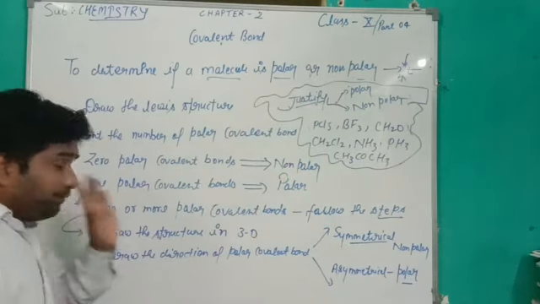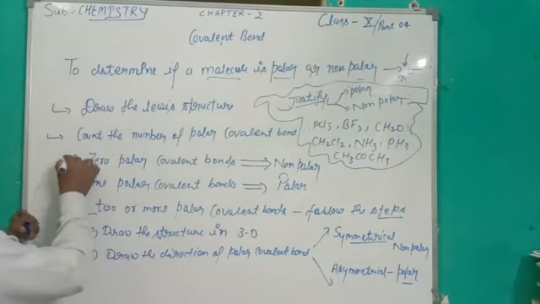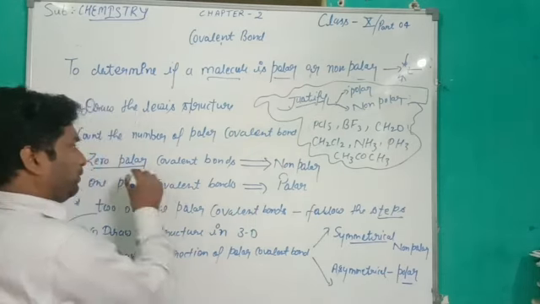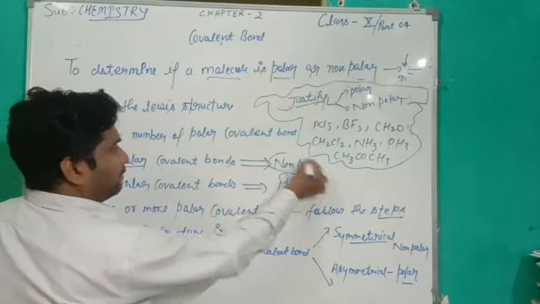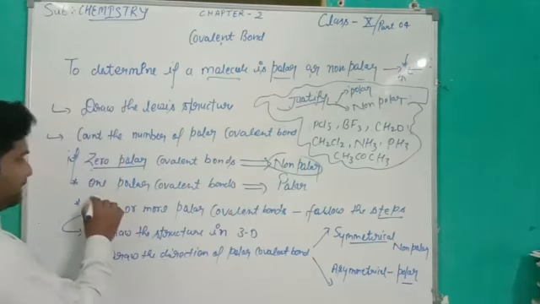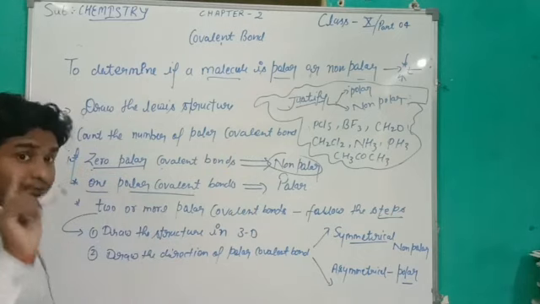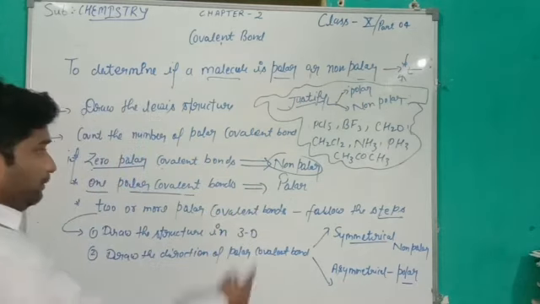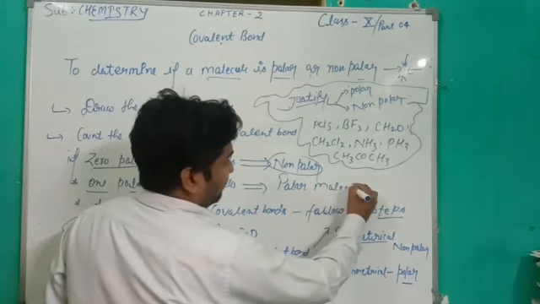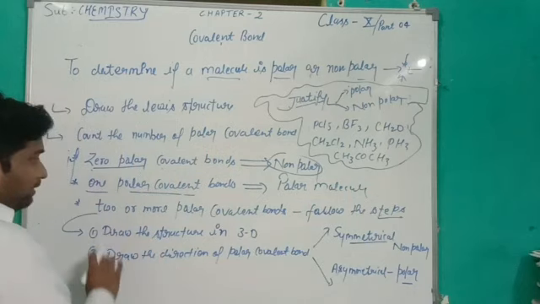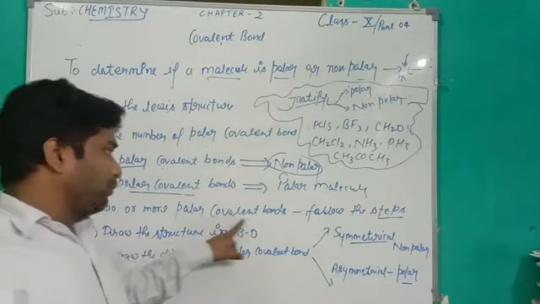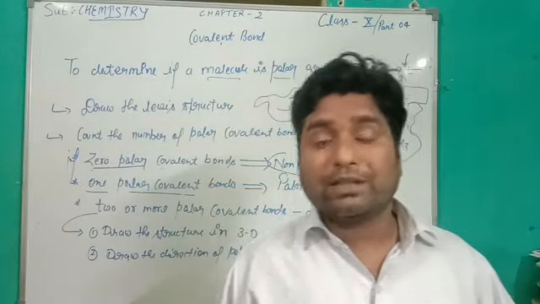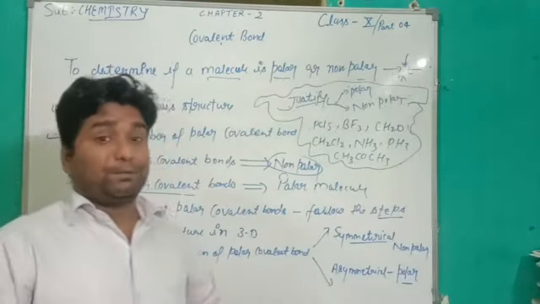If you find zero polar covalent bonds, such a molecule is non-polar. If you find one polar covalent bond, the molecule is a polar molecule. Now, if you find 2 or more polar covalent bonds, how can you justify polar or non-polar?